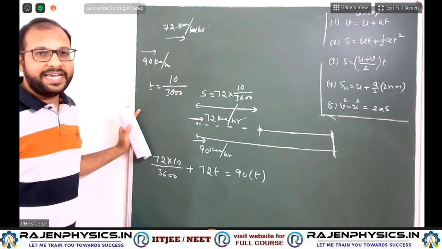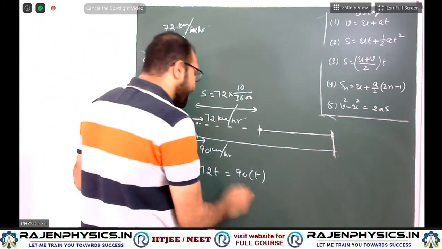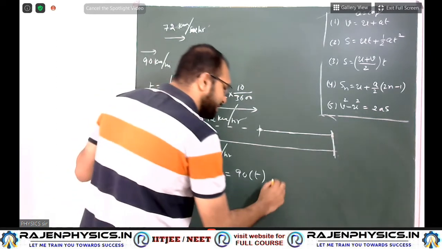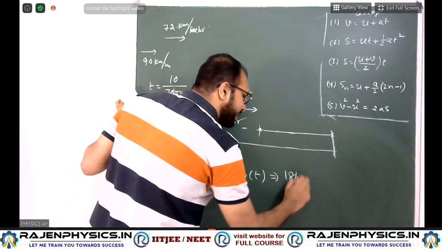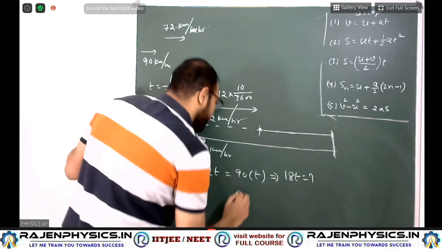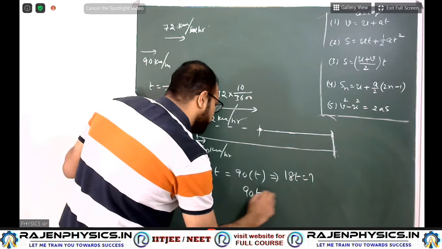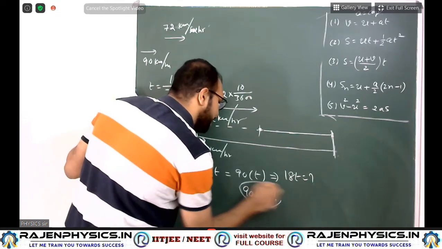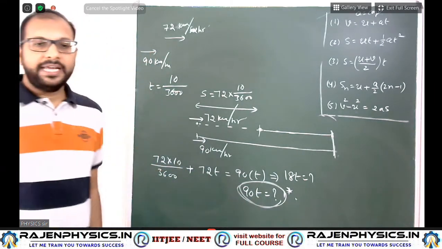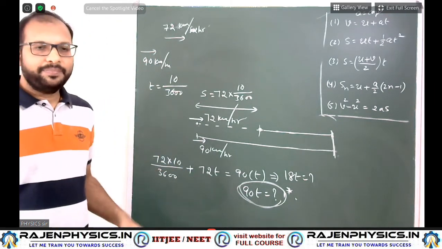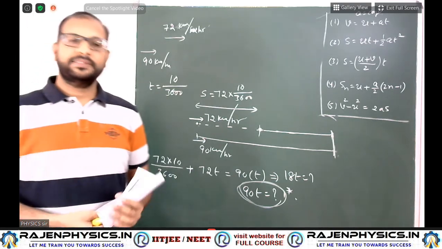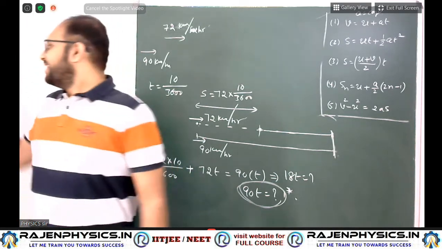But that is the time you will calculate, and our target is the displacement from here to here. So you calculate 18 t, but our target is 90 into t equal to question mark. So students, after solving, you will get the answer 1 kilometer.